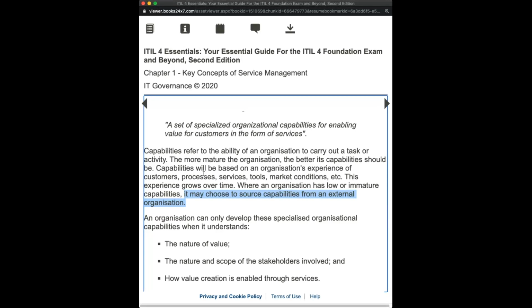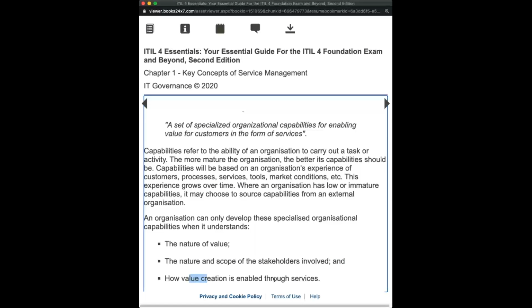It could be something like this: let's say you are a new company and you don't have the resources to have a customer service representative. You can basically hire a company to do that for you, right? An organization can only develop these specialized organizational capabilities when it understands the nature of the value, the nature and scope of the stakeholders involved, meaning the business owners, and how value creation is enabled through services.